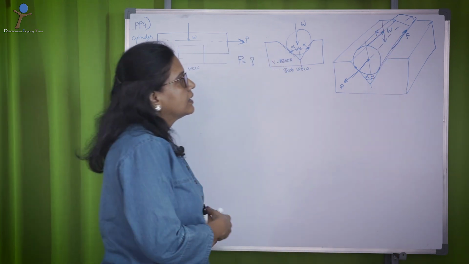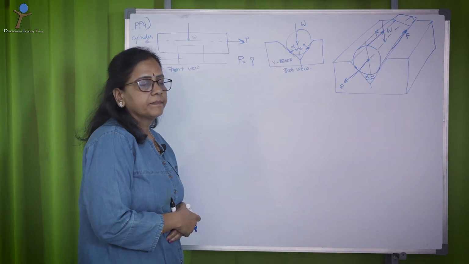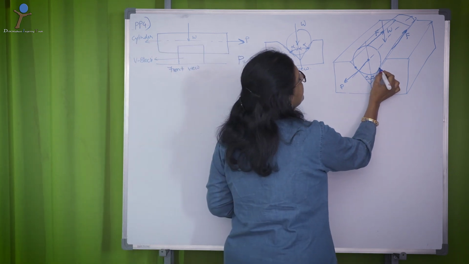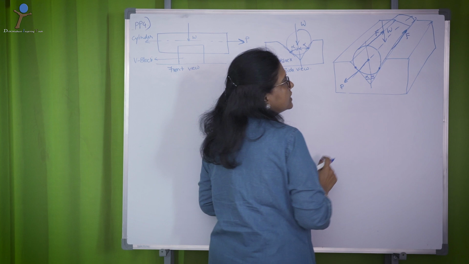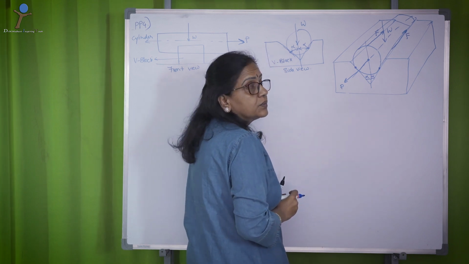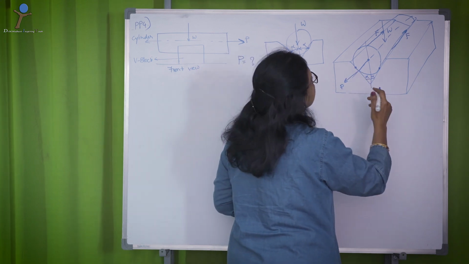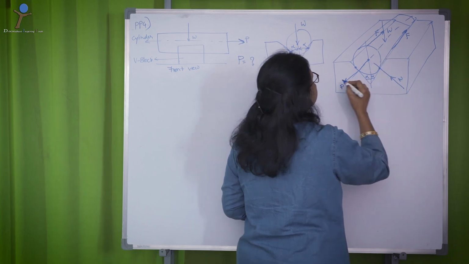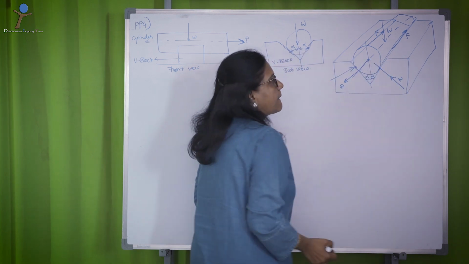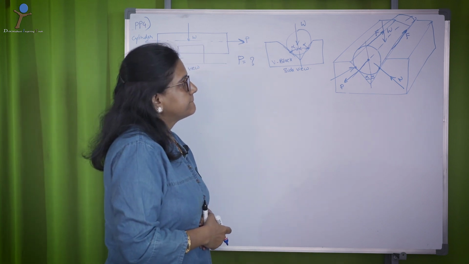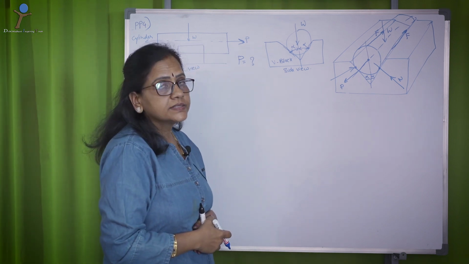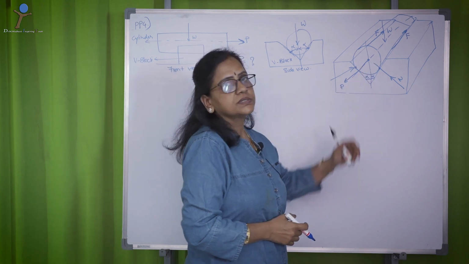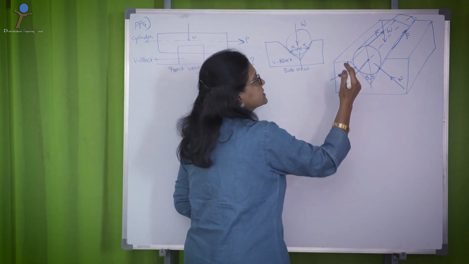Let me call it F. Then the cylinder being in touch with the edges of the V block will create reaction forces N, the normal reaction exerted by the V block onto the cylinder on both sides.